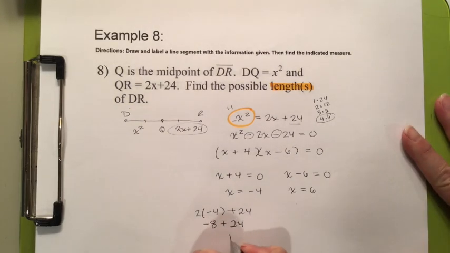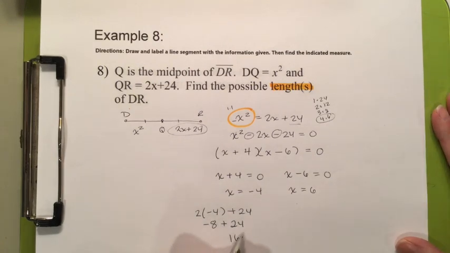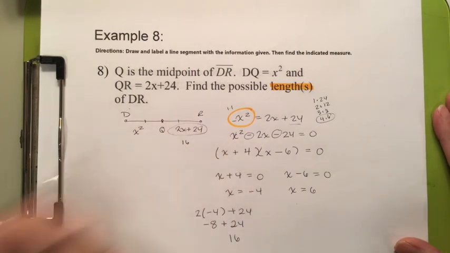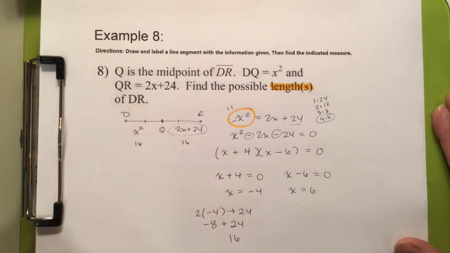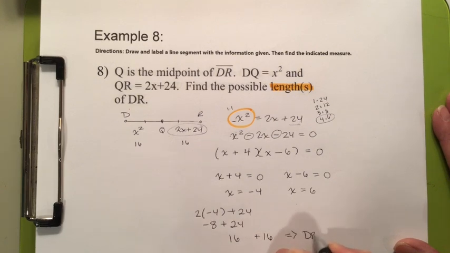So I get 16 over here. So that works fine. I can have a length of 16. So in this case, if I have 16 and 16, then DR is equal to 32.